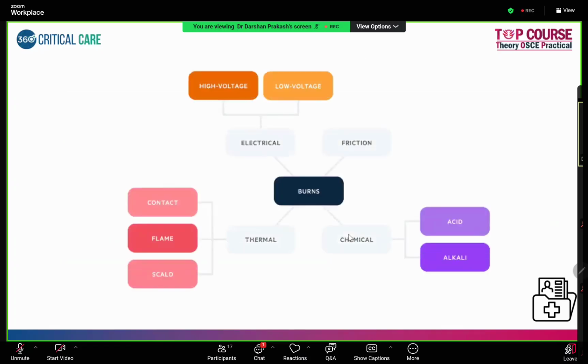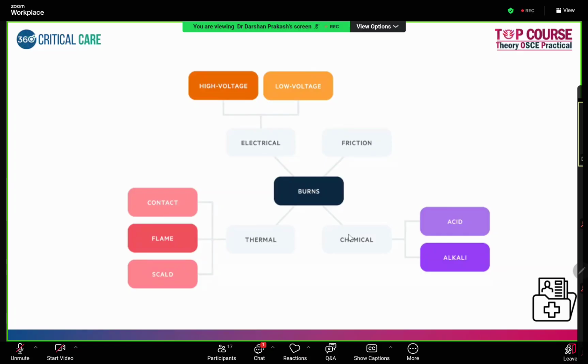So coming to the commonest classification, that is the etiological classification of burn. Based on etiology, it can be classified either as a thermal burn, an electrical burn, a frictional type of burn, a rub, or a chemical burn. In the thermal type of burn, it can be either a contact injury like a hot surface or a hot plate, flame injuries, scald type of injuries owing to hot liquids.